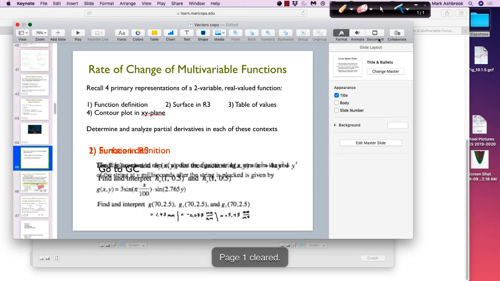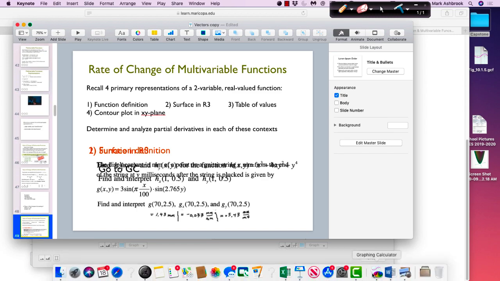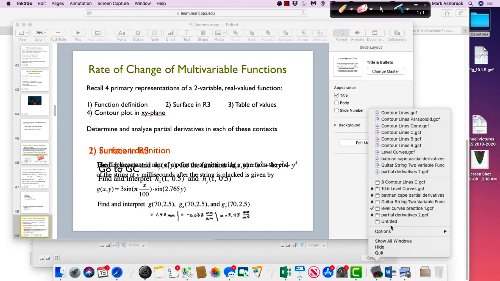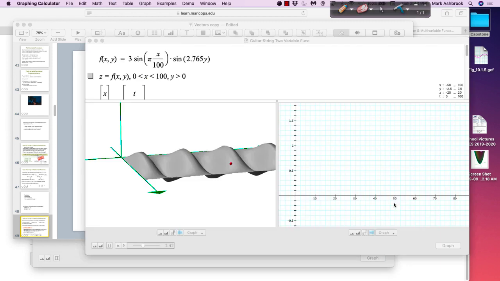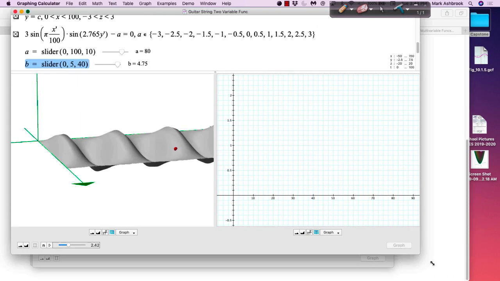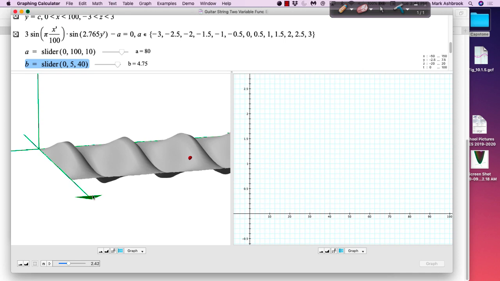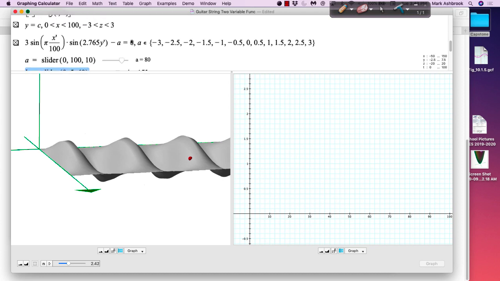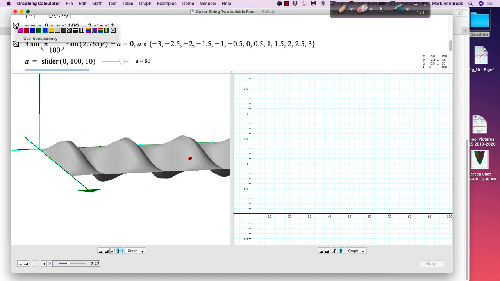Good thing to end on here. So that function looks like this in R3.